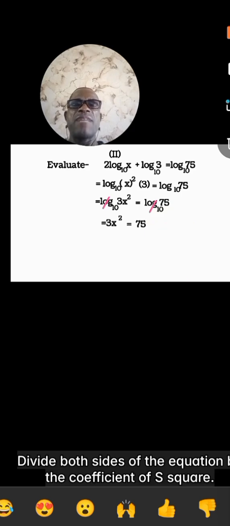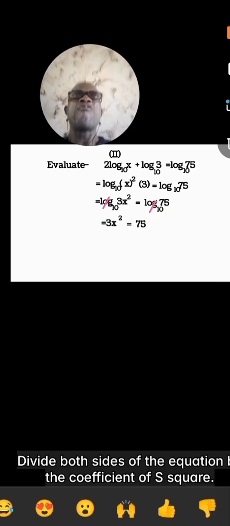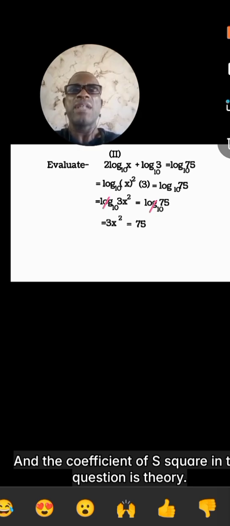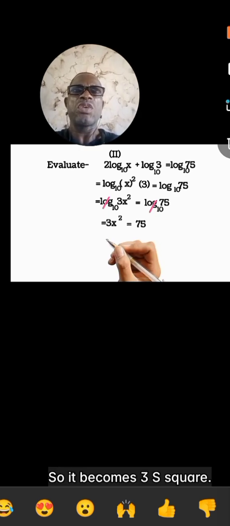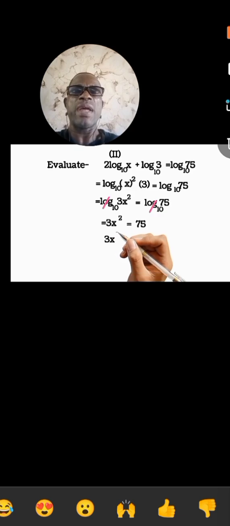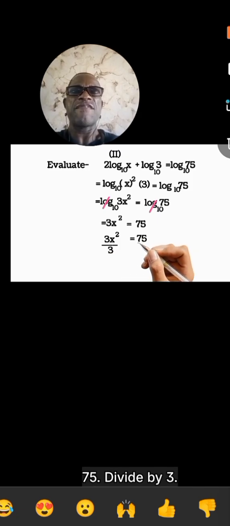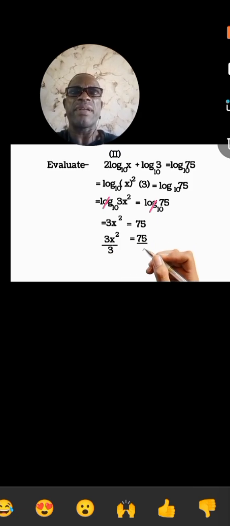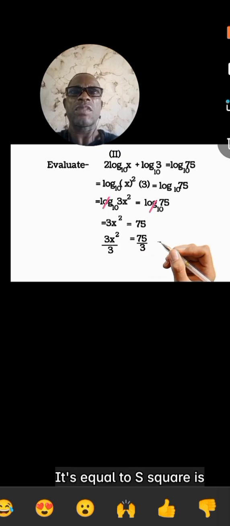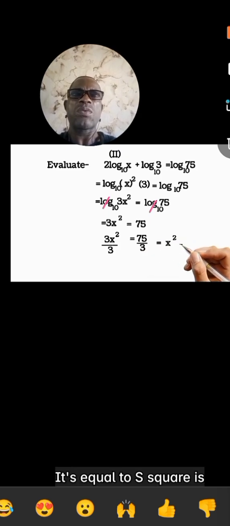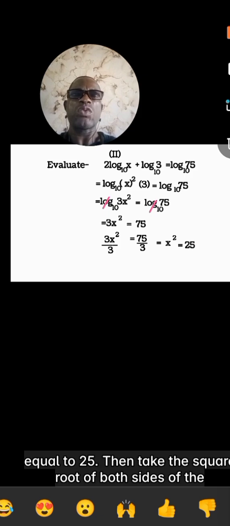Divide both sides of the equation by the coefficient of x squared, which in the question is 3. So 3x squared divided by 3 is equal to 75 divided by 3, which gives x squared is equal to 25.